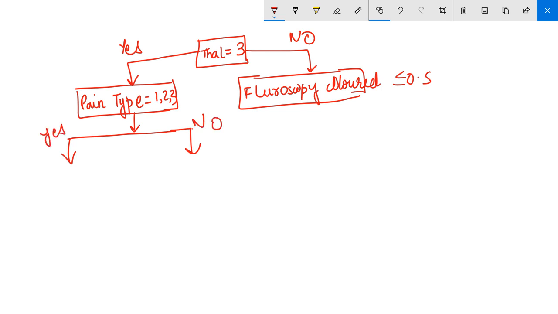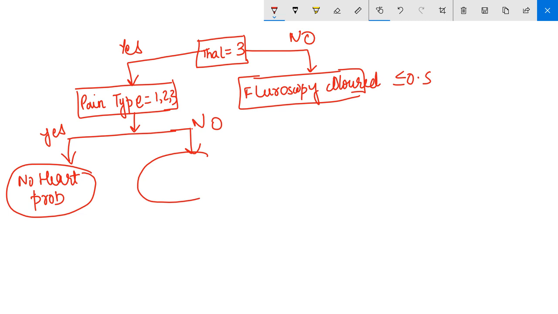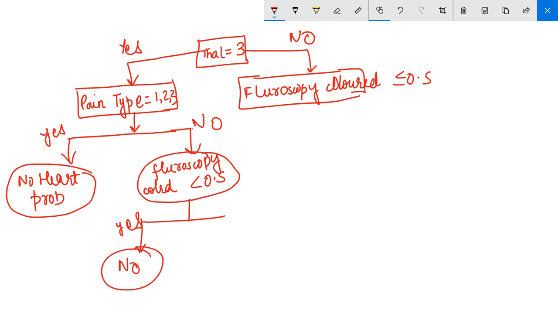Yes, no. So there is no heart problem. If pain type is not among 1 to 3, again you have to go for fluoroscopy colored, which is less than 0.5, and if it comes to be yes, there is no heart issue.